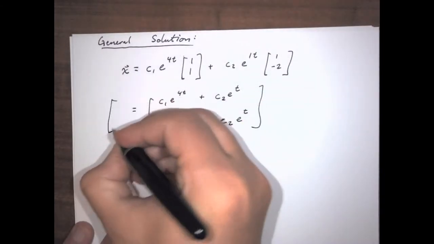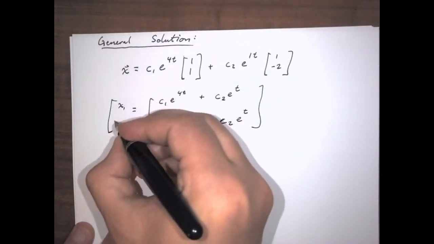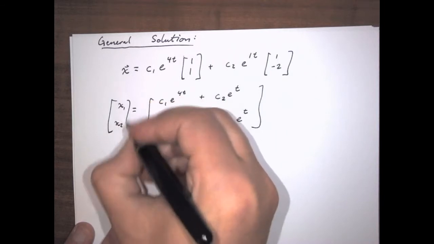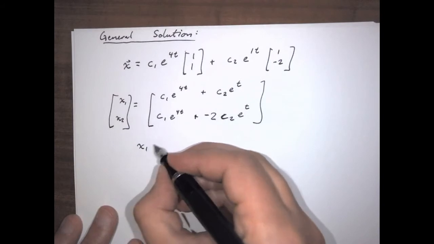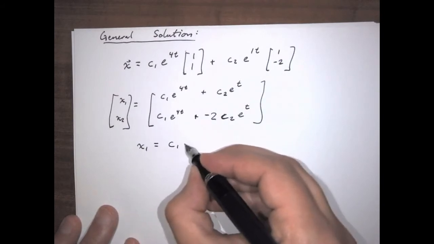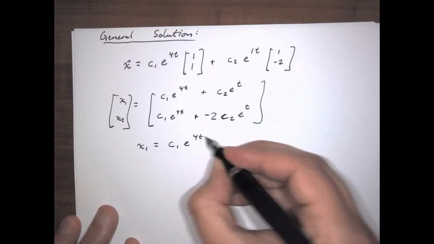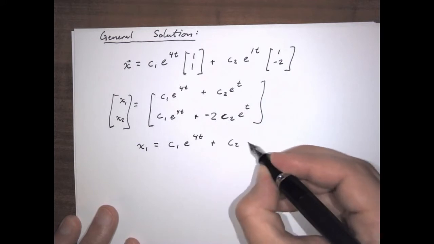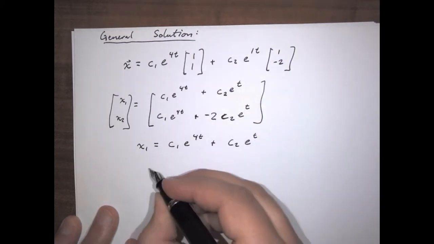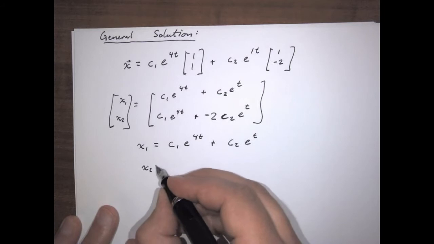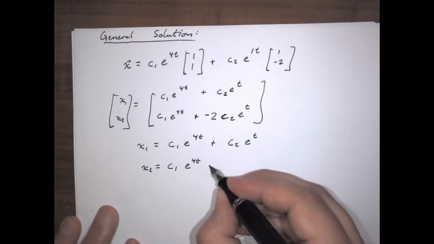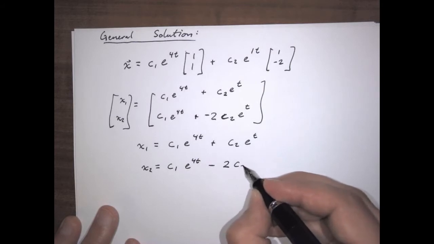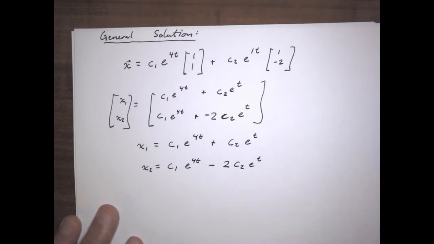And that would be what x1 and x2 would be, which gives you the solution x1 equals c1 e to the 4t plus c2 e to the t, and x2 equals c1 e to the 4t minus 2 c2 e to the t.